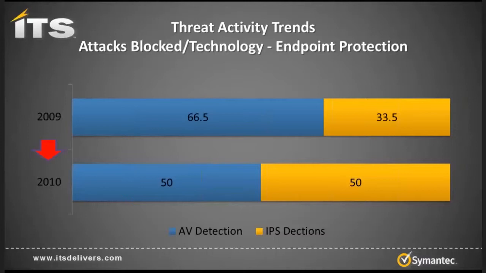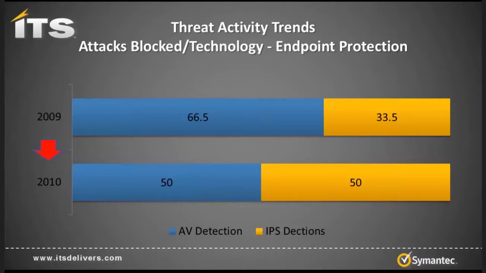This is not that antivirus is going away, but it's still a huge threat. What this is showing is that antivirus is dropping as a percentage of the total picture of threats. So even though there may be more threats all the time, antivirus only accounts for, in 2010, approximately 50% of those threats.